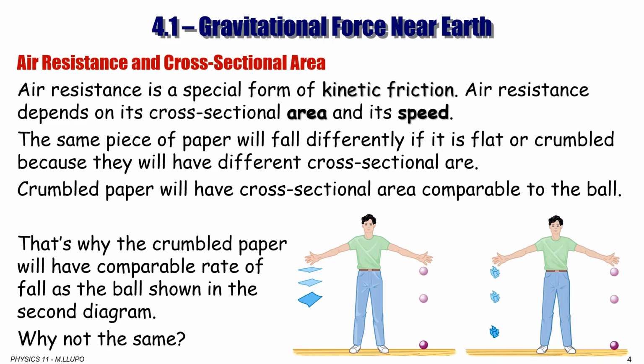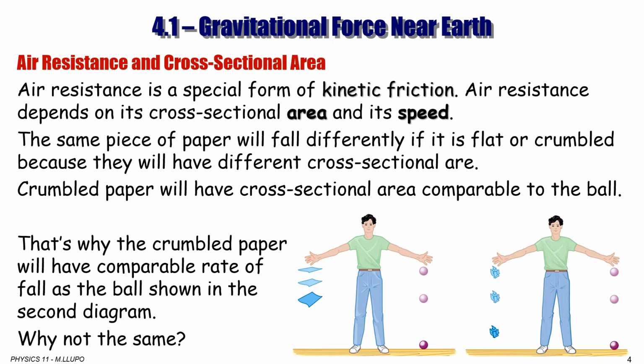Let's focus on a cross-sectional area first. Let's analyze a piece of paper falling down and compare that with a ball, for example. First, we can see a flat piece of paper and crumbled piece of paper will fall at a different rate. Why? Because they have a different cross-sectional area.